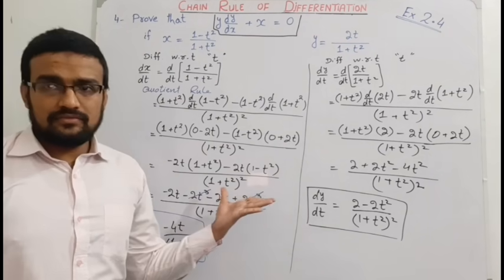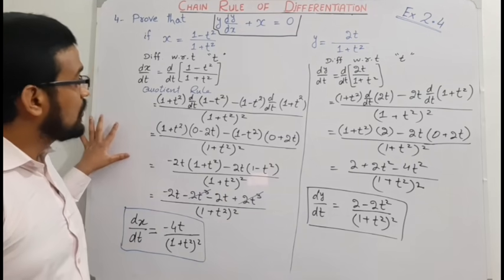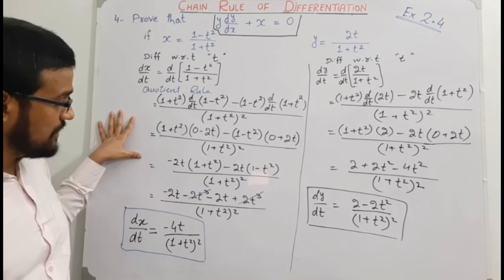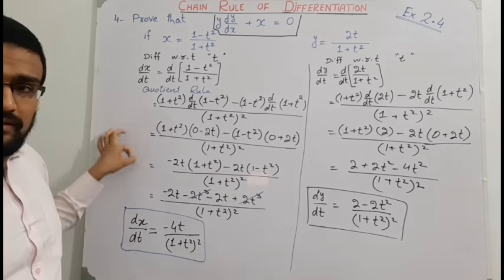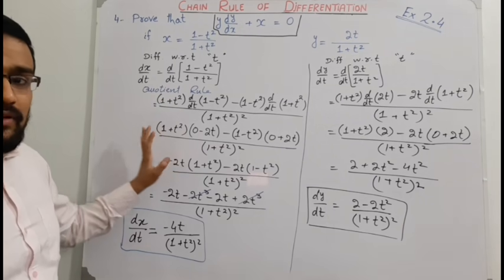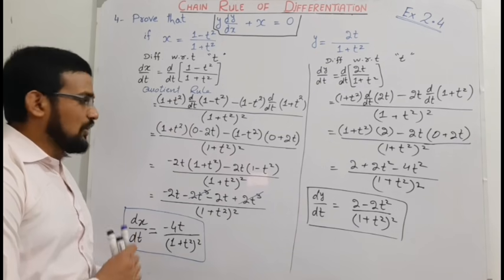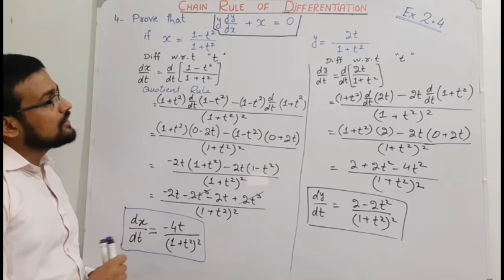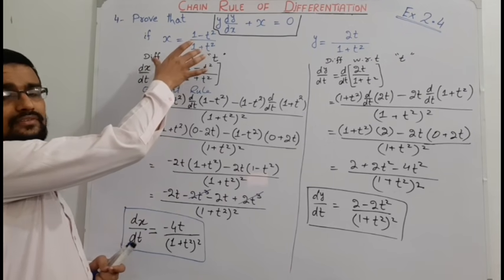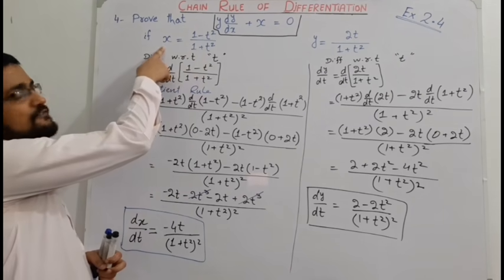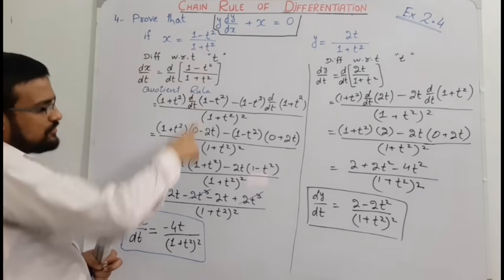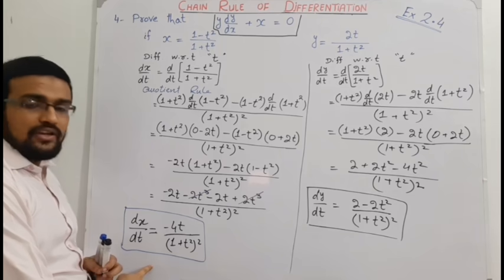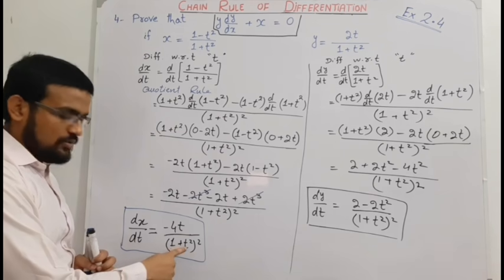See students, understand, I hope. See all steps, there is no problem. First differentiate this function x with respect to t, and the result is minus 4t over 1 plus t square whole square.